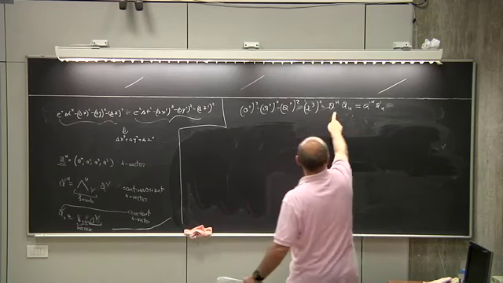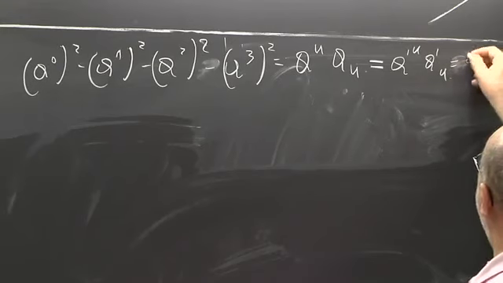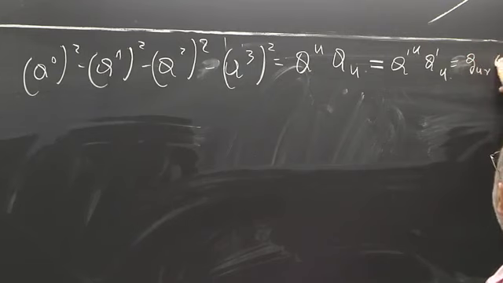So this is the 4-vector. It can be written in this manner, or it can be written in this manner: g_{μν} a^ν, okay?